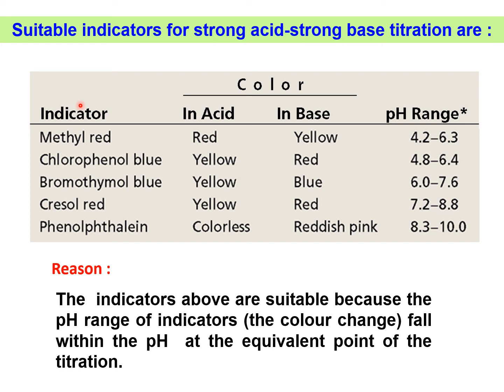So this is for the first titration curve, strong acid and strong base. In the next part of the video, we're going to look at the next titration, which is titration between weak acid and strong base. So let's look.